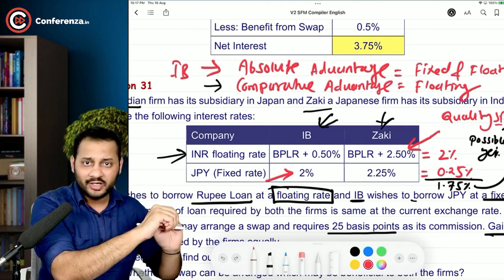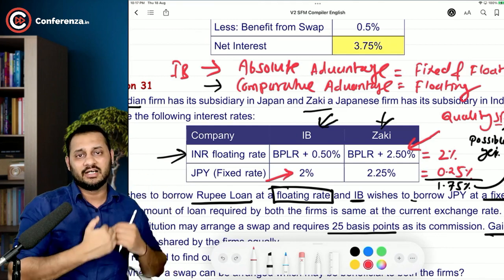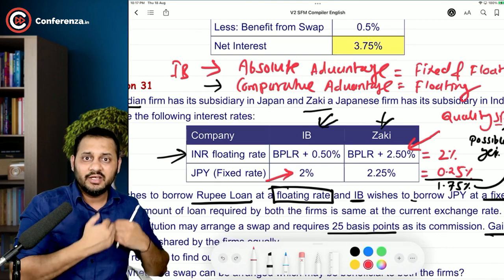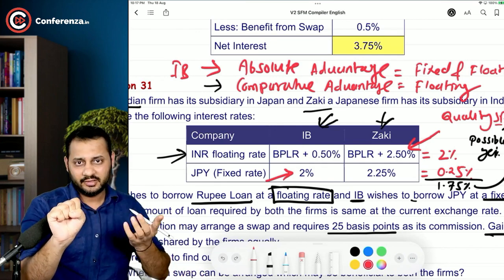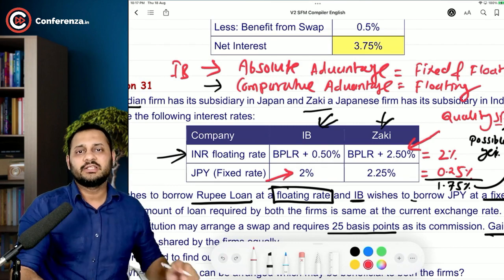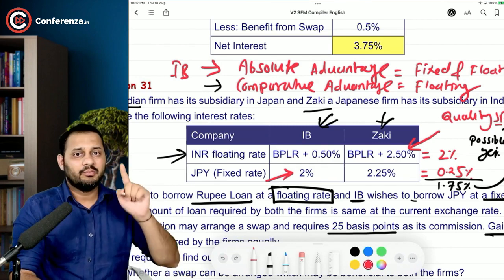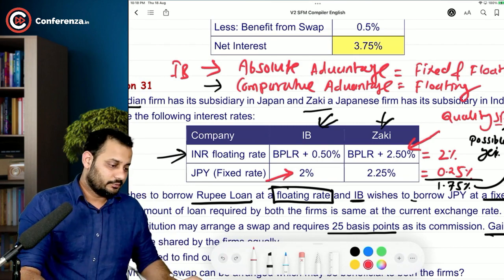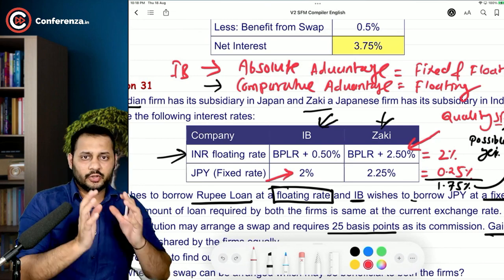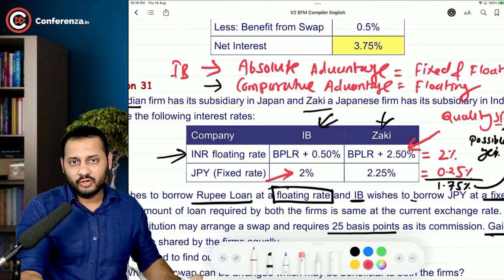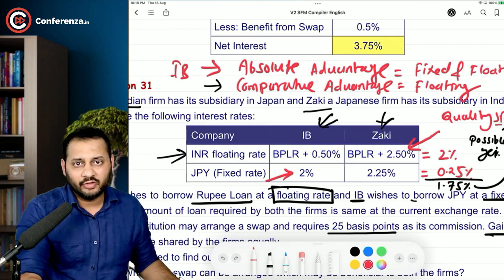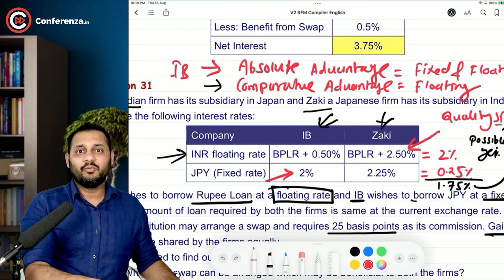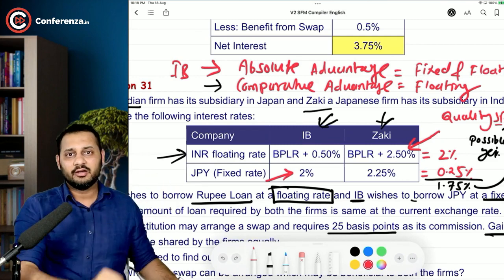Since you don't want that loan, you can swap that with us, and we will give you something that you want, which is fixed. Right? That's when the swapping is possible. You have a benefit in, let's say for example, you are a good relative of Ambani. Okay? And you can convince Ambani for anything. But the problem is you want to convince Tata.